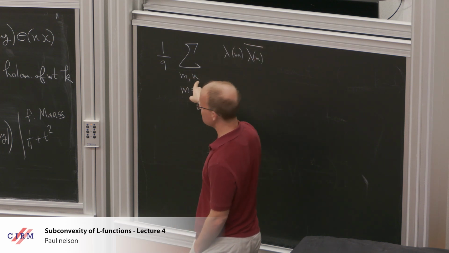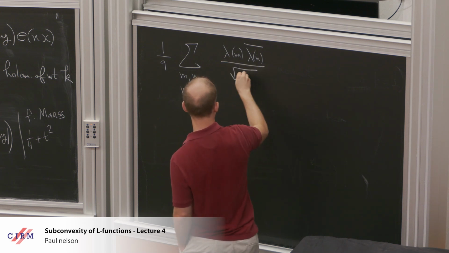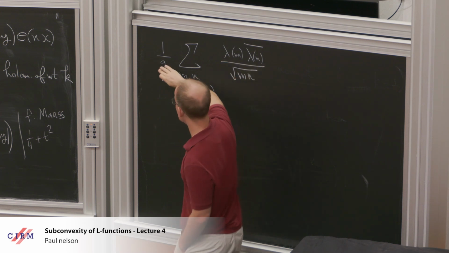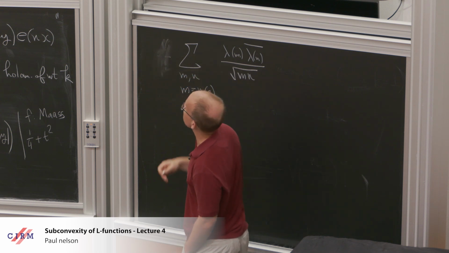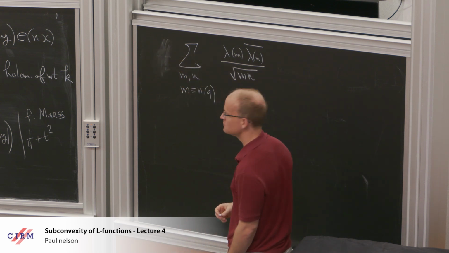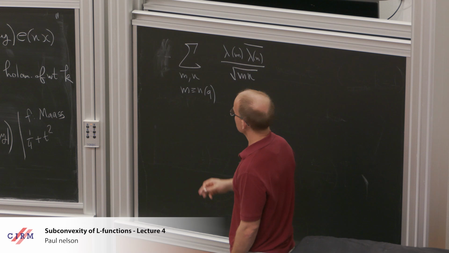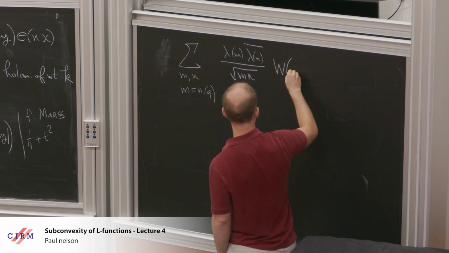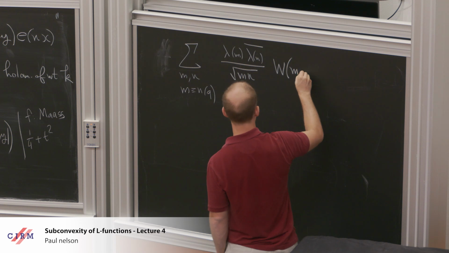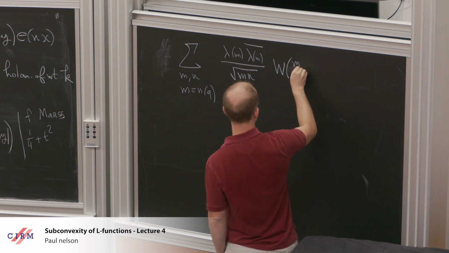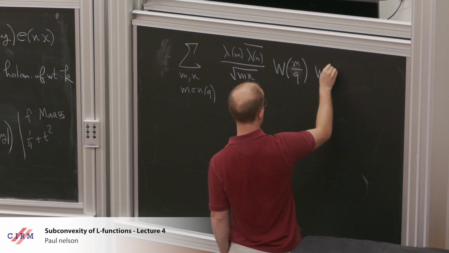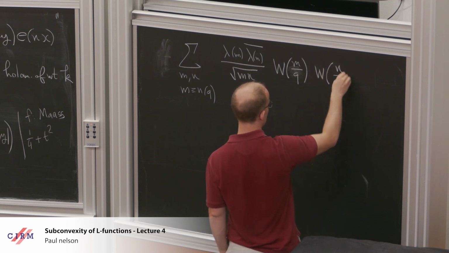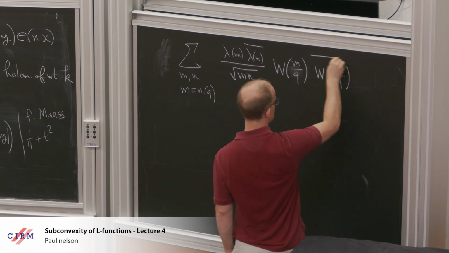But remember m and n were of size roughly q, so in fact we initially had square root of m and n appearing there. That was the more natural thing from the very beginning. I haven't written down the condition that m and n be of size comparable to q, but let's imagine that we impose that condition by evaluating m and n under this function w, like so.